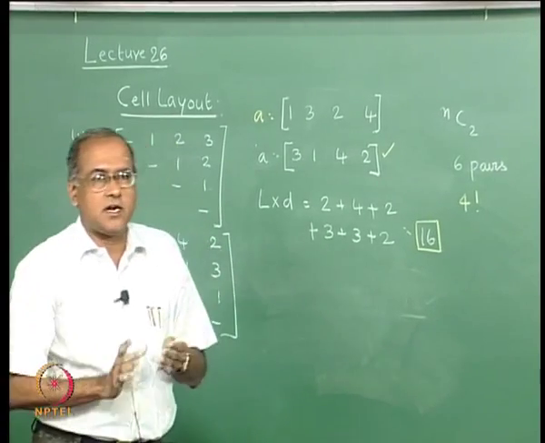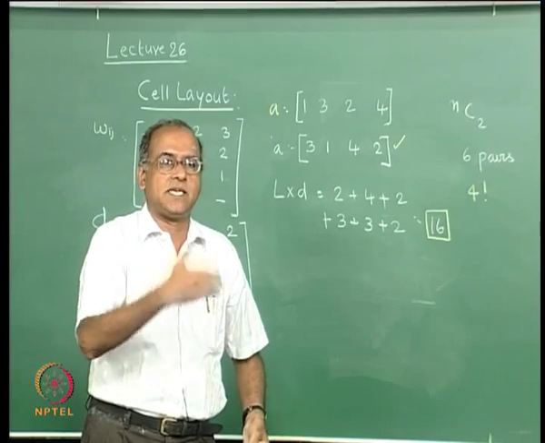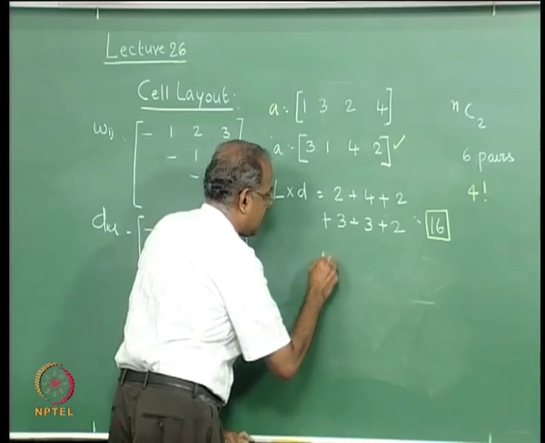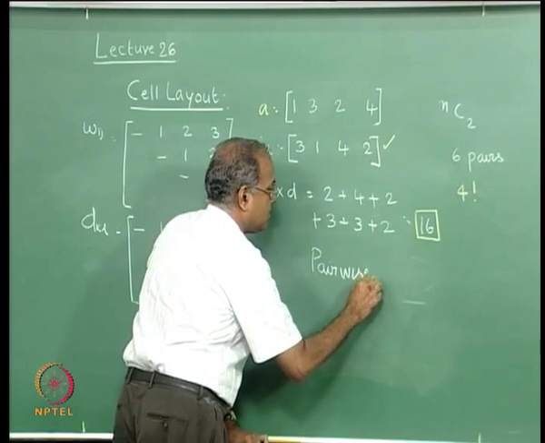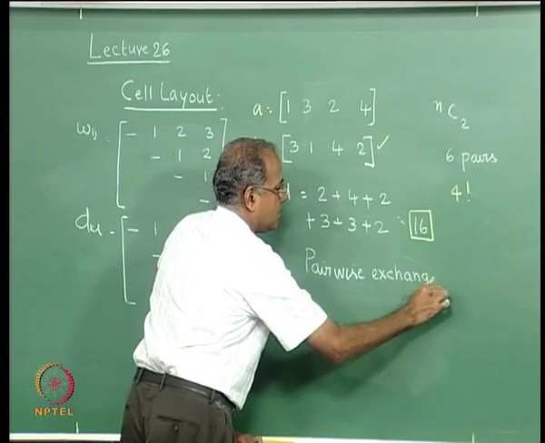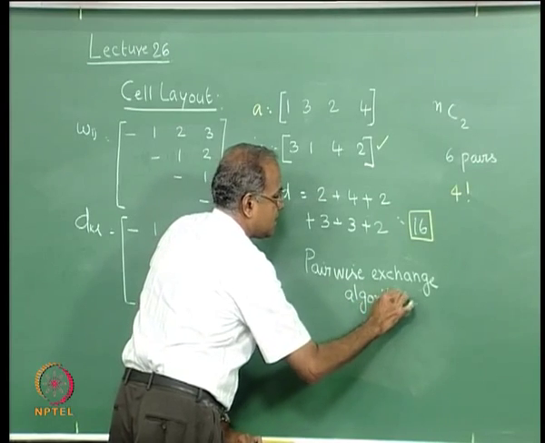So at the end, when we are not able to improve the solution, we stop by giving it as the best solution. This method is called a pairwise exchange heuristic. You can call it a pairwise exchange algorithm or pairwise exchange heuristic.